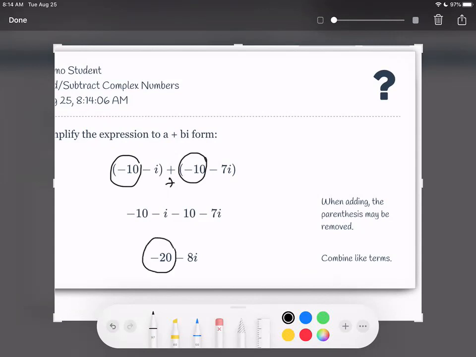Oh, by the way, these black numbers that I circled, that's the real portion. So the a part of your answer, that's the real part. I'm going to try to write it down nicely, but my stylus is really bad. So this is the real part of the complex number. And then the part with the i, that's your imaginary. i for imaginary.